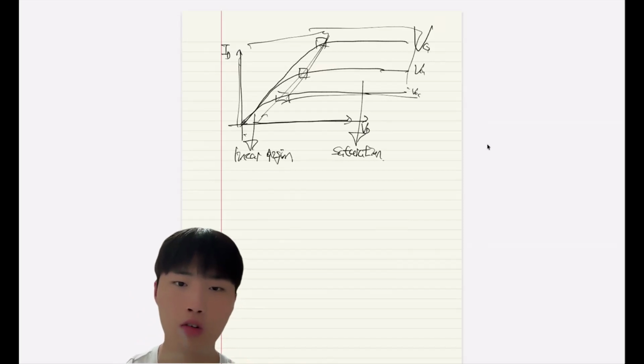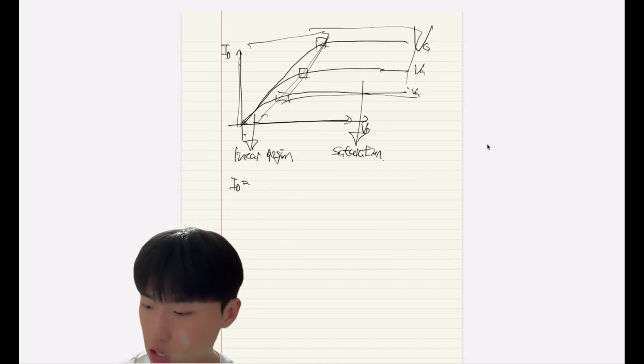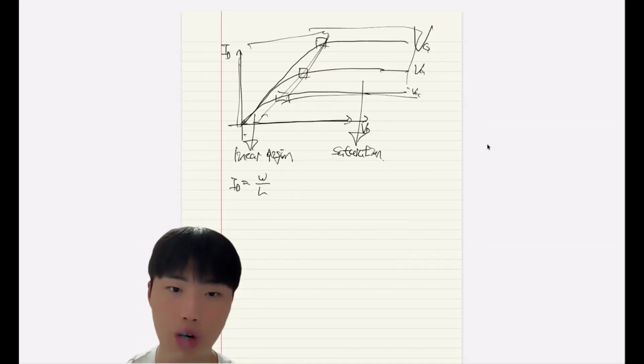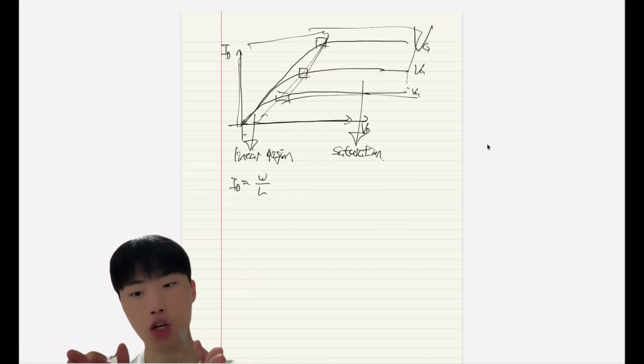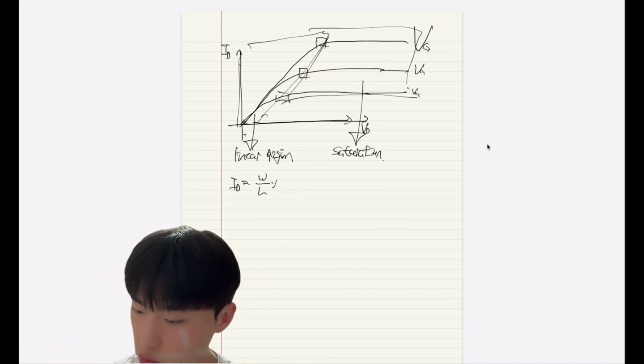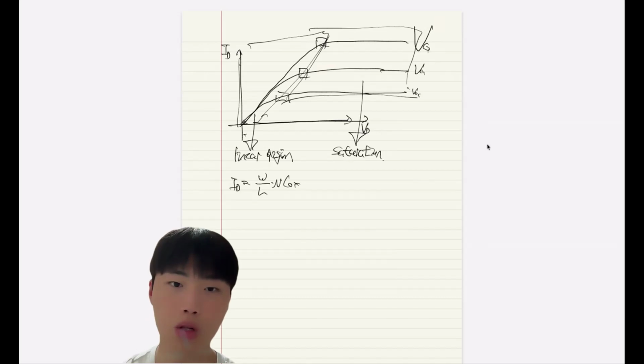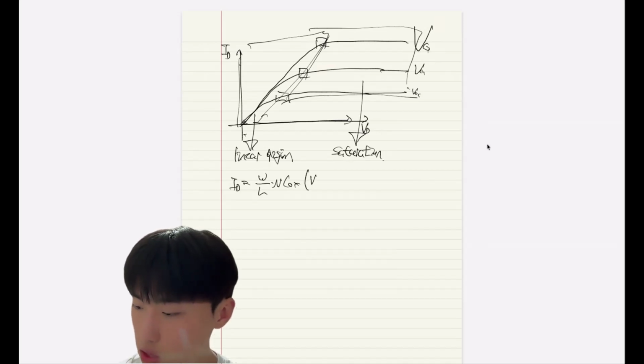So in the linear region, the ID will be W over L. The W will be the width of the MOS structure, and the L will be the channel length, and mu C ox, where mu is the mobility of the carrier, and C ox is the capacitance of the oxide, and Vg minus Vth, and Vd over 2, and Vd.